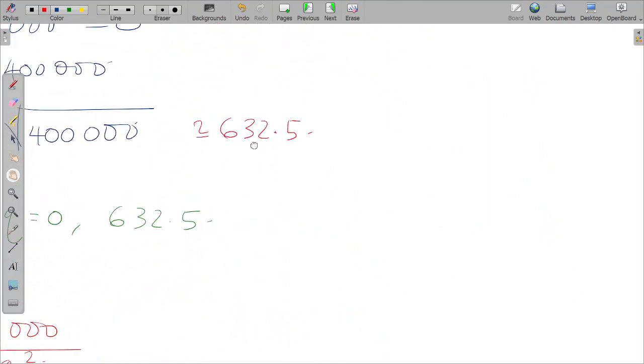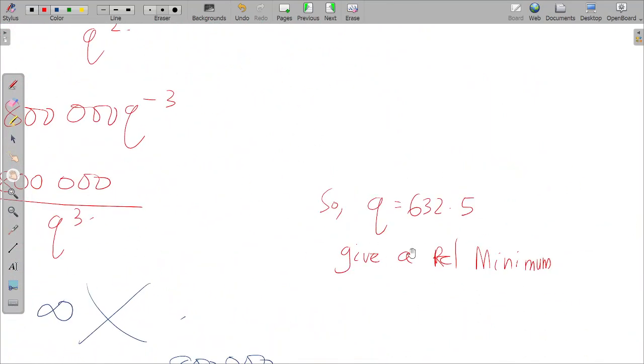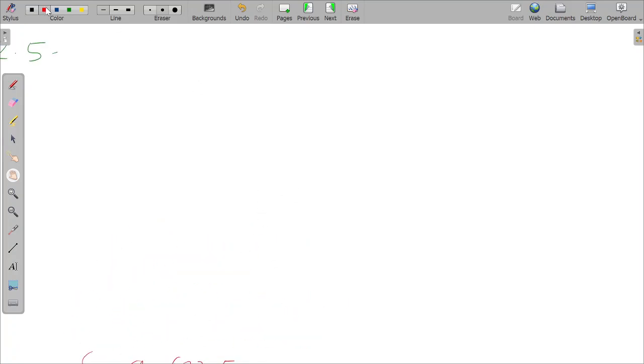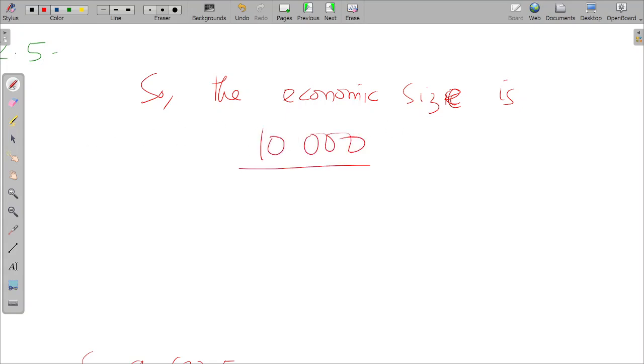So now, since we discovered that this gives a minimum, our economic lot size is 10,000 divided by, what did we get the other time?